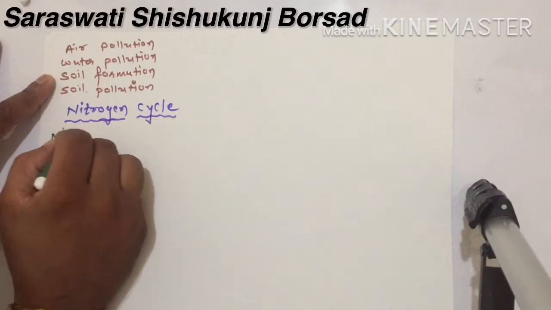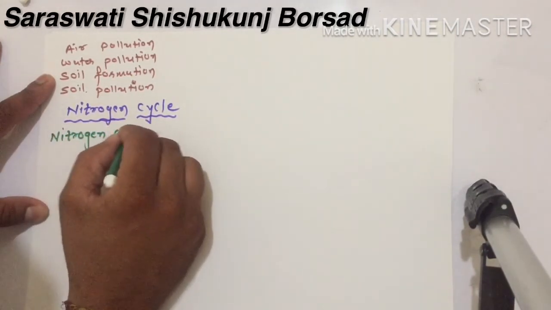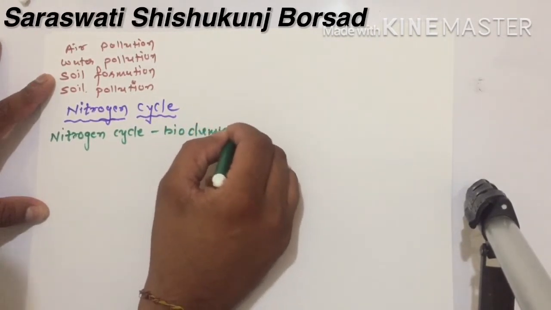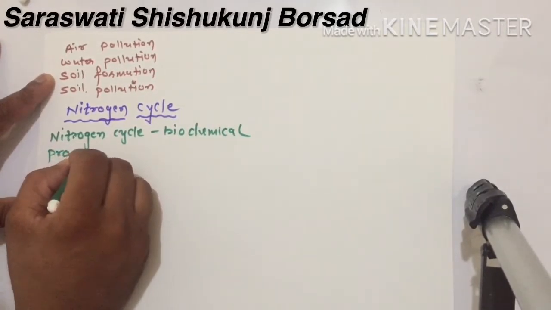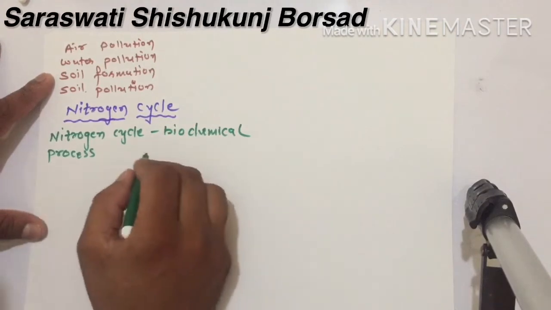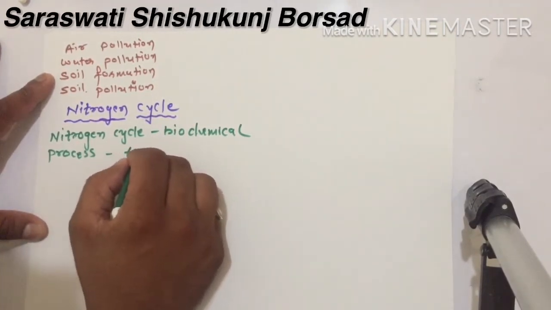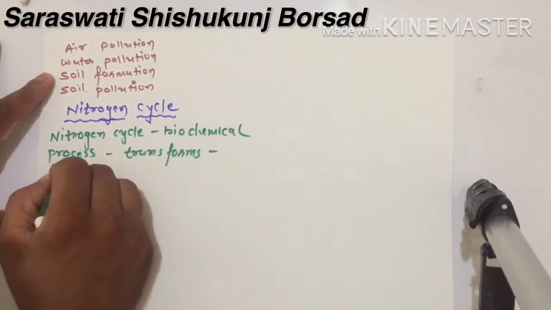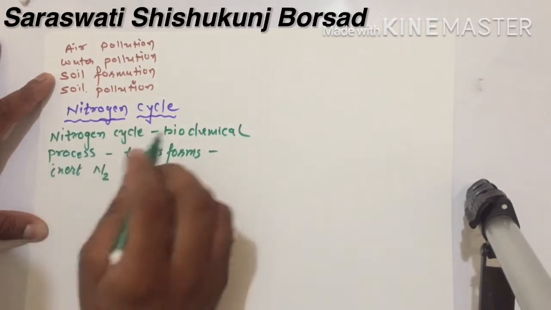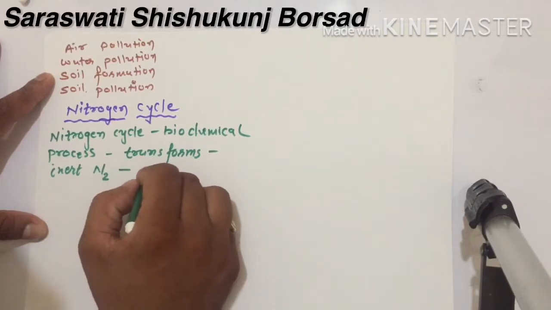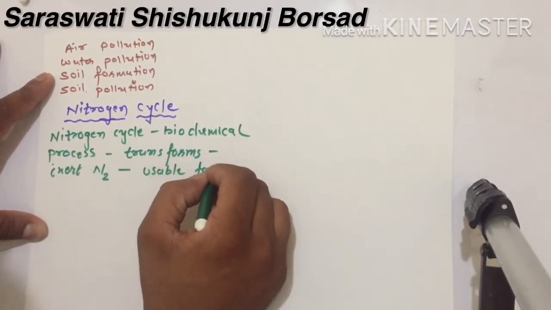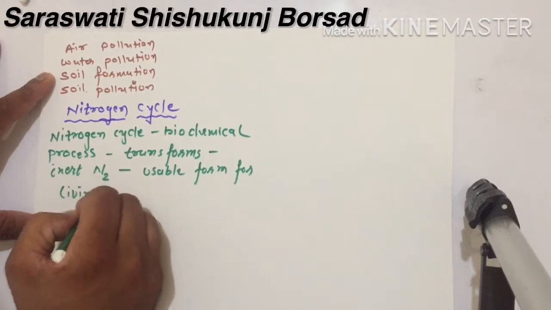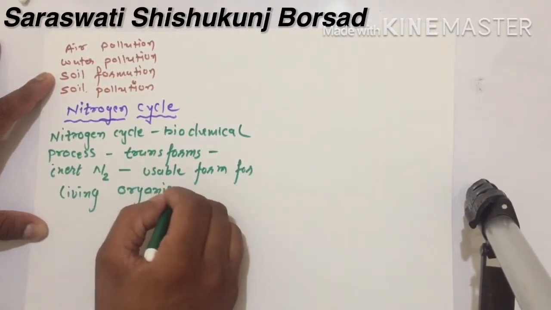First of all, if we want to define the nitrogen cycle, we can define it like this: it is a biochemical process which transforms the inert nitrogen of the atmosphere into a usable form for living organisms.